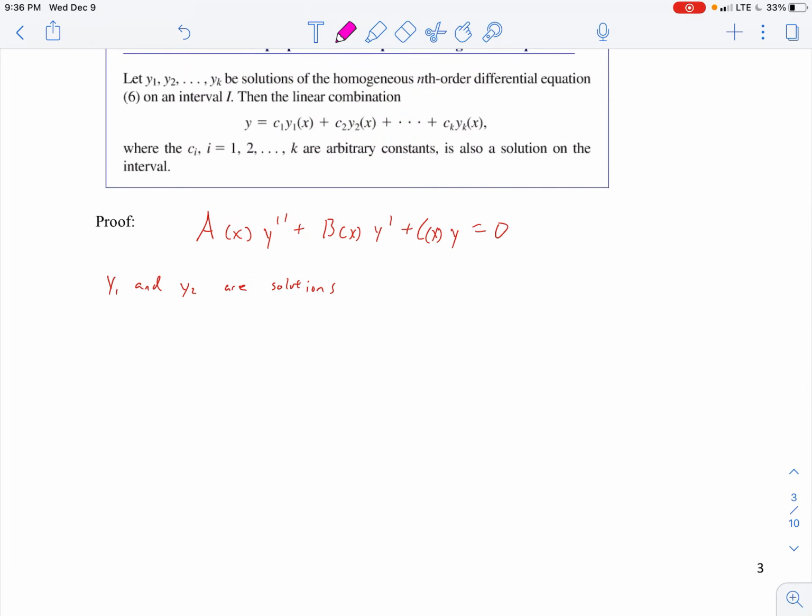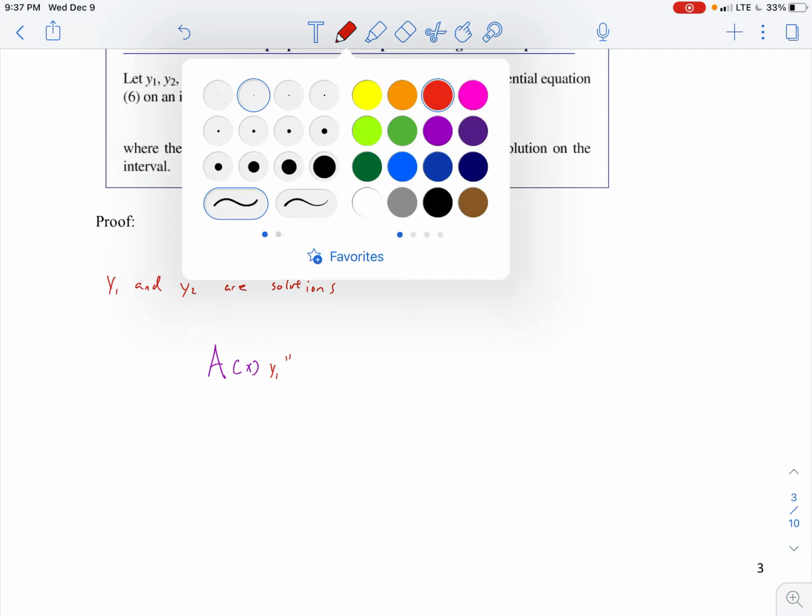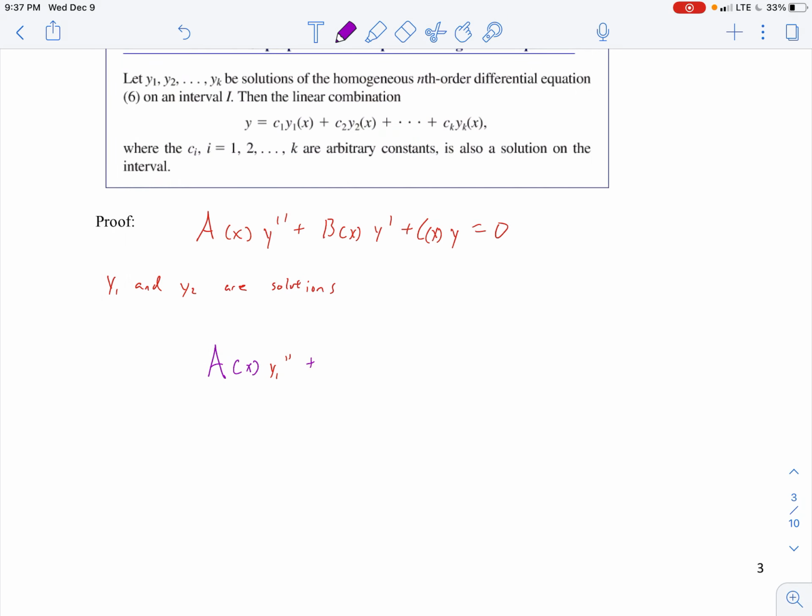If those are solutions, then let me write this in a way that you can read it. a of x times y sub 1 double prime plus b of x y sub 1 prime plus c of x y sub 1 will satisfy our differential equation.